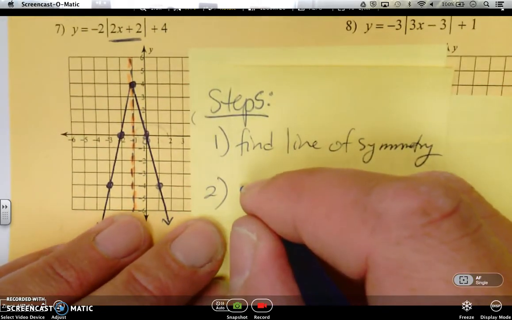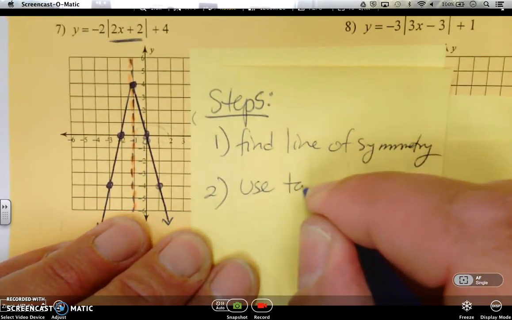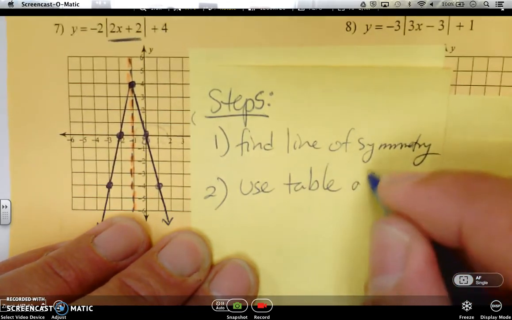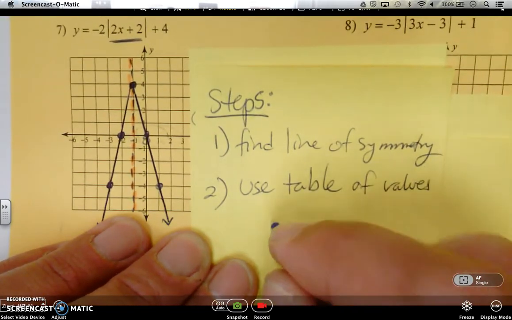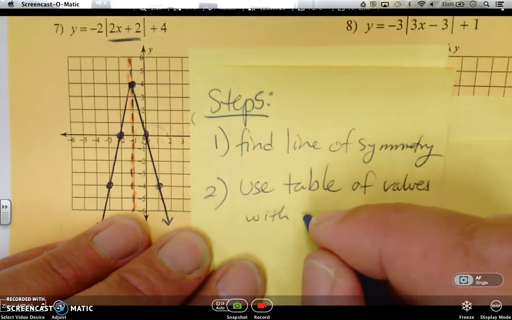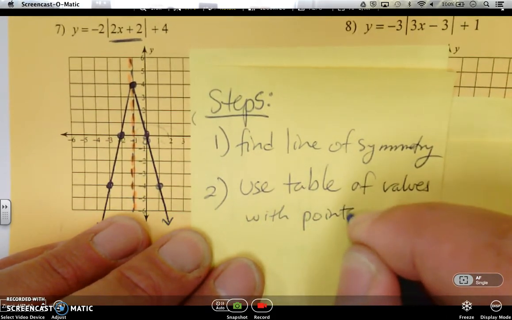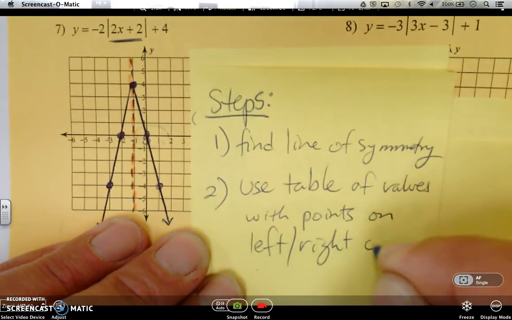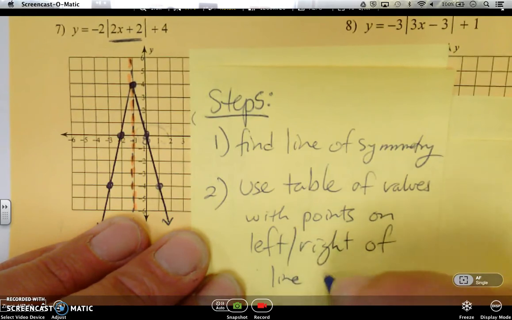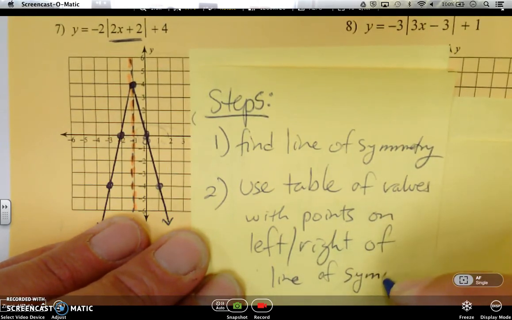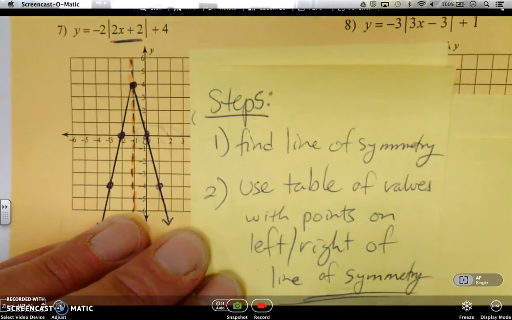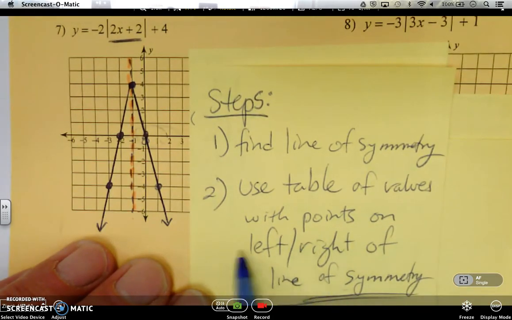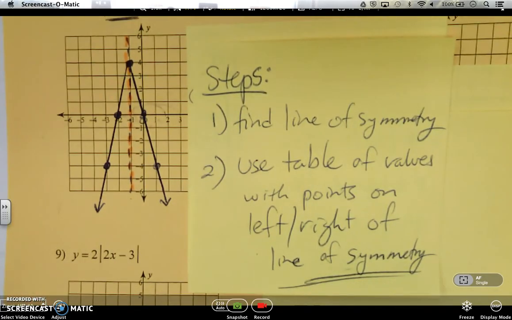Two, you make a table of values with points on the left and the right of the line of symmetry. So that's why you need the line of symmetry. You need to go to the left or right of it, so you need to know where that is. If you do both those things, graph them, it should come out nice. And there you go.